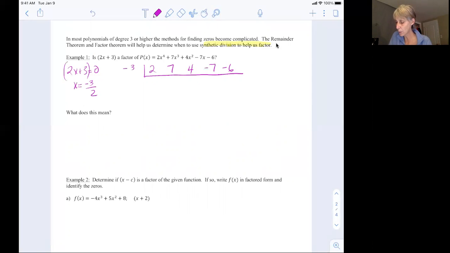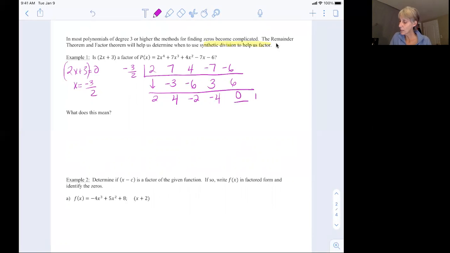So that's the number we want to divide by. -3/2 times 2 is going to be -3. I get a 4. I get -12/2, -6. 4 minus 6 is -2. 6/2 is 3. -7 plus 3 is -4. And if I multiply 3/2 times -4, I would get 12/2, which is 6. And when I add down my column, I get 0.